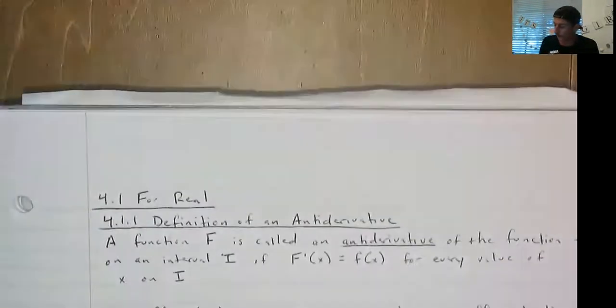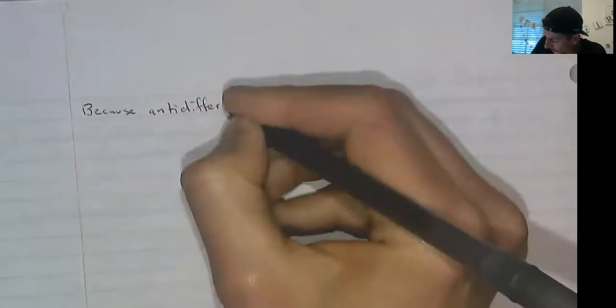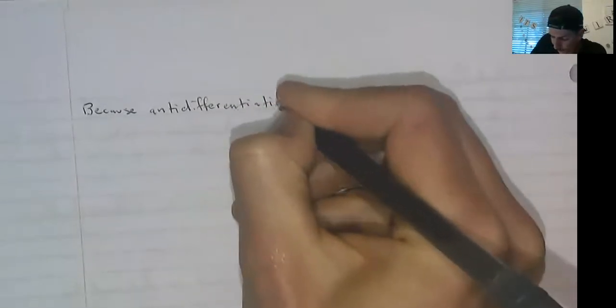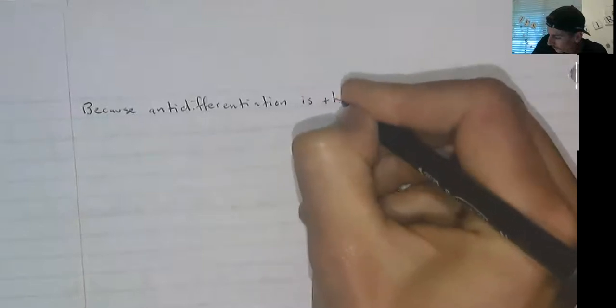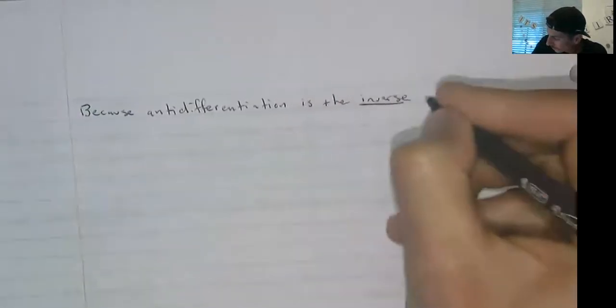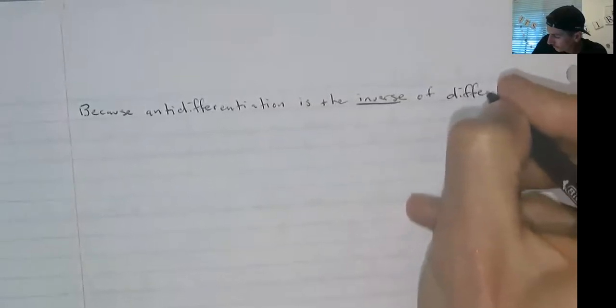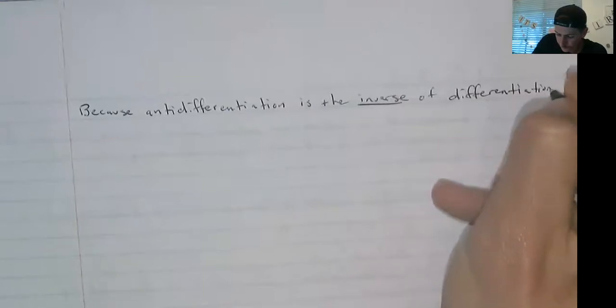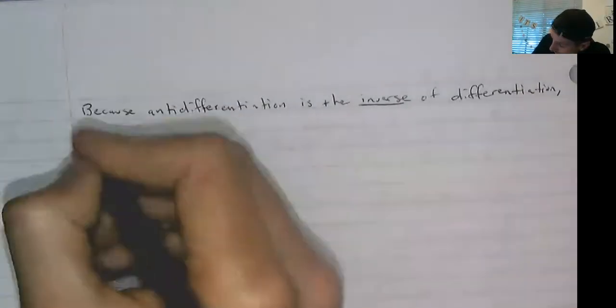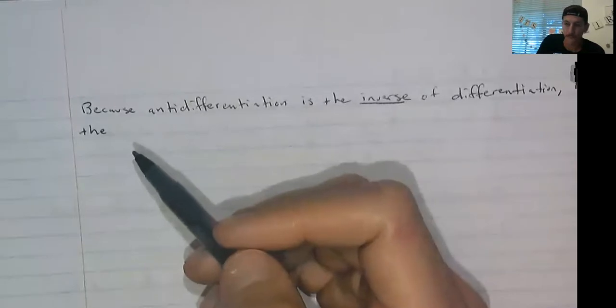So without further ado, we'll start there, that this idea that because this process that we're now calling anti-differentiation, this process of finding an antiderivative, is the inverse of differentiation, the theorems for anti-differentiation are just derived from those, or obtained from those that we have on differentiation.